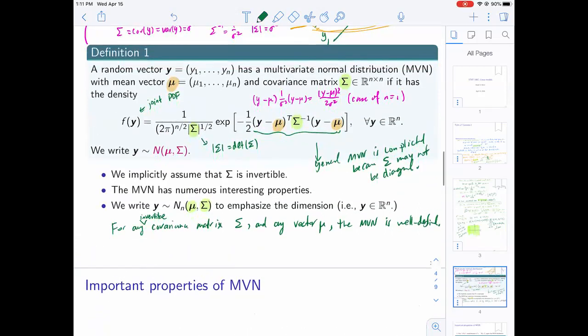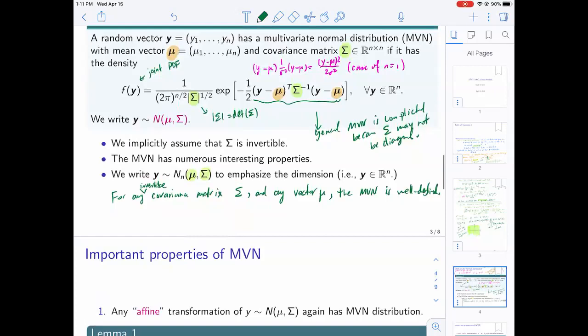This may not be that much of a concern to you, but it is an interesting fact that there is a well-defined normal distribution for basically every mean and covariance matrix.